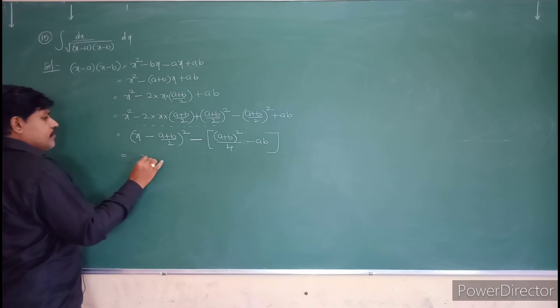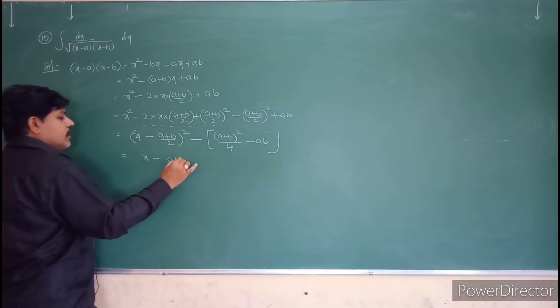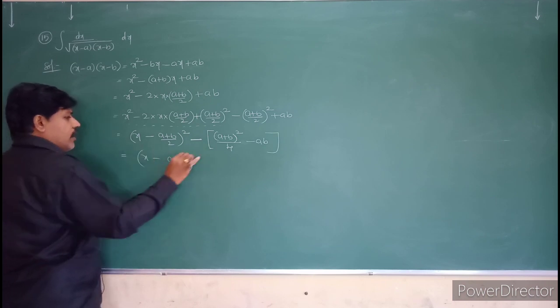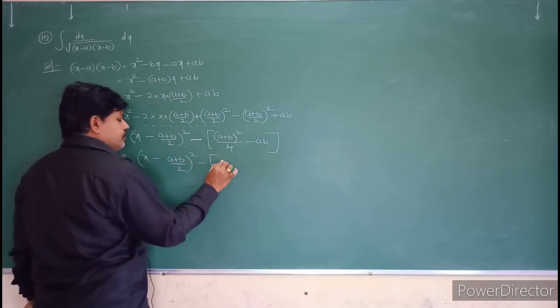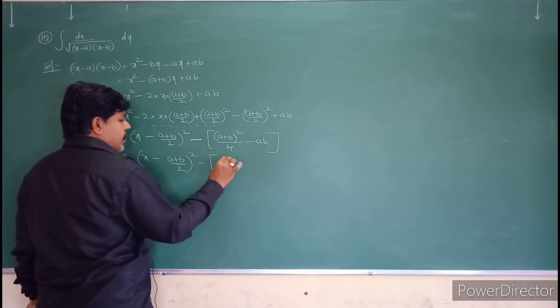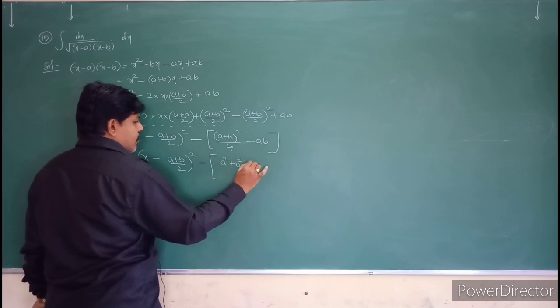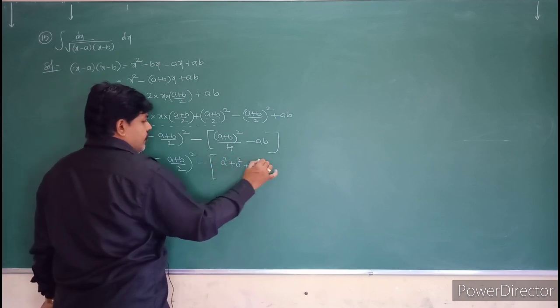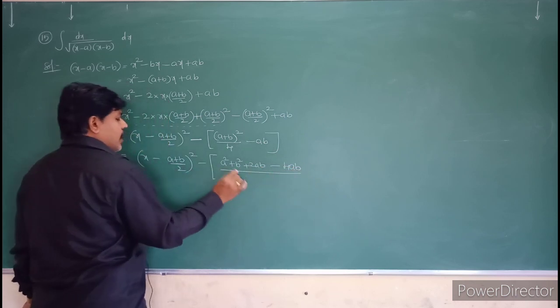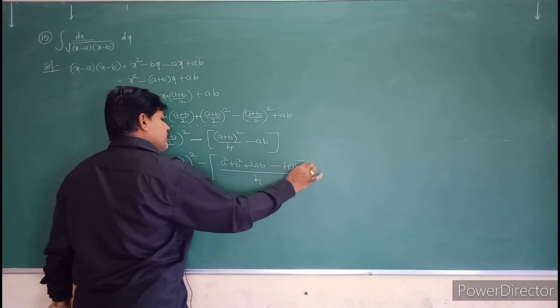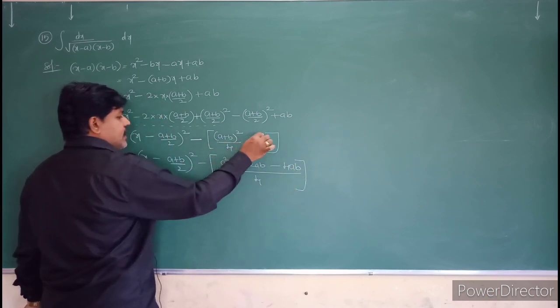So that implies x minus of (a plus b by 2) whole square minus of, expand that, a square plus b square plus 2ab minus, take the LCM, 4ab by 4. Expand this and take the LCM.